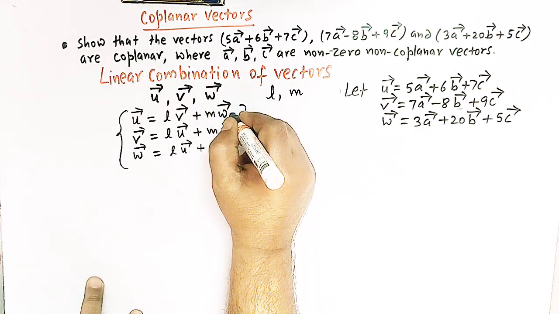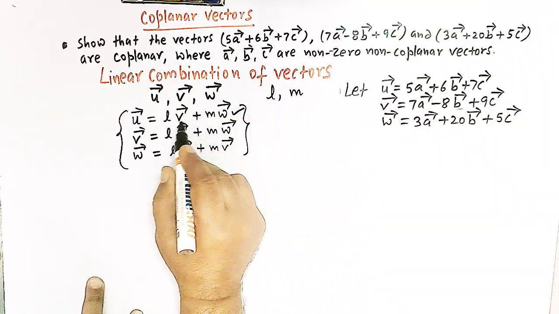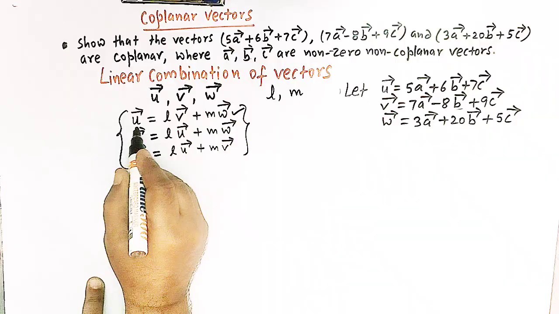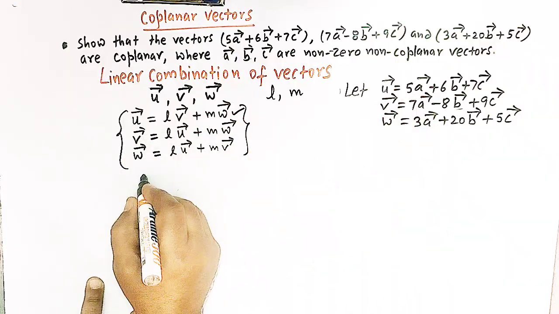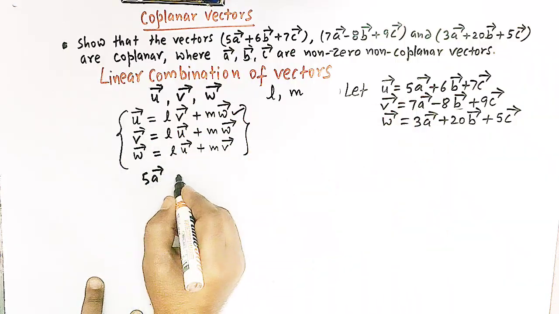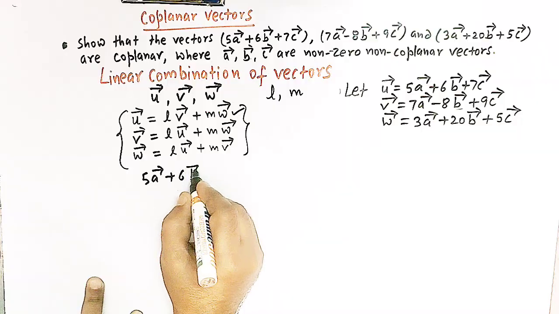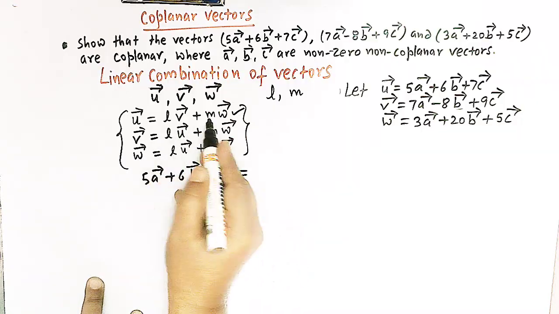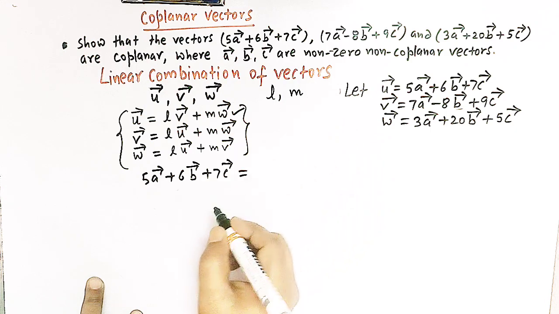So now let us make use of this vector equation, right? So here we have vector u as 5a plus 6b plus 7c, and here L and M are any two scalars.